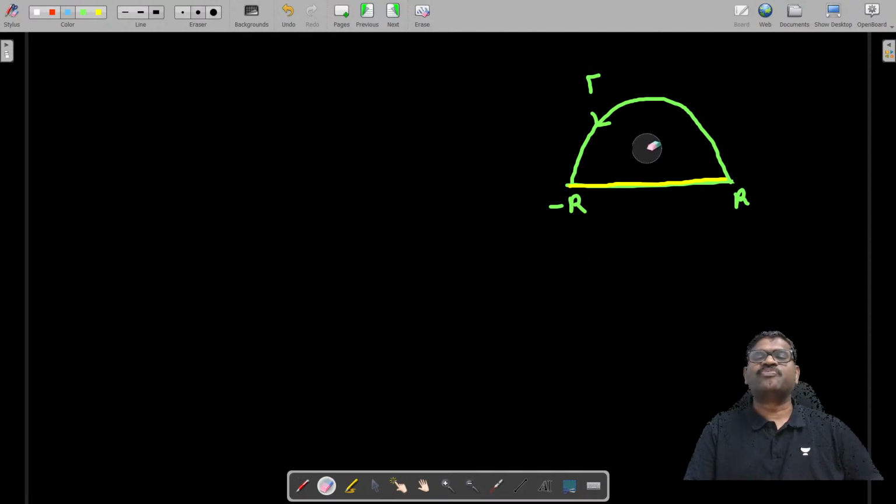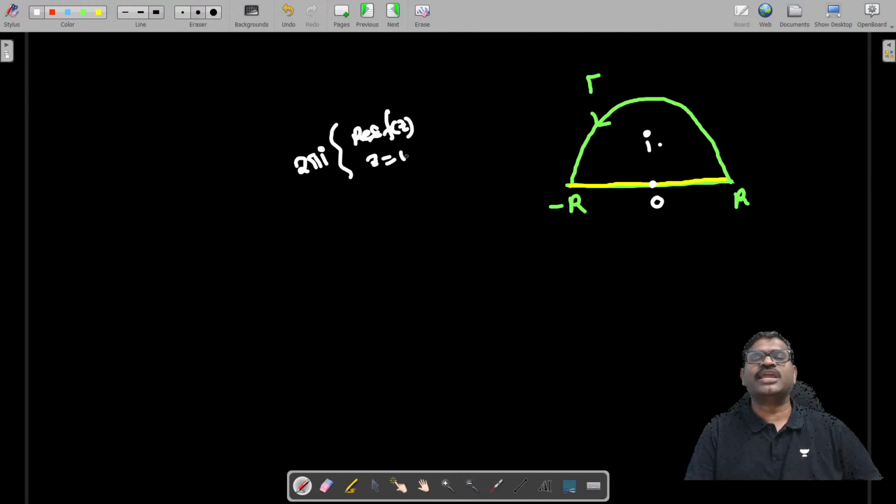In the upper half plane we have one pole: i lies in the upper half, and 0 lies on the boundary. So for the upper half plane you write 2 pi i into the residue of f of z at z equal to i, plus, for the real line, since it is on the boundary, pi i into the residue of f of z at z equal to 0.